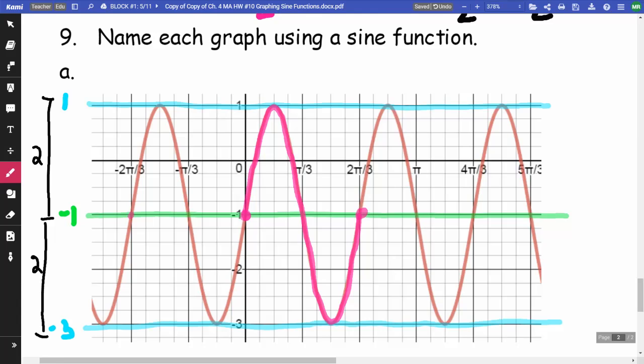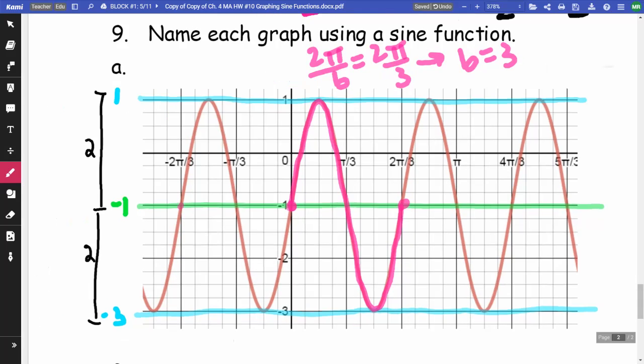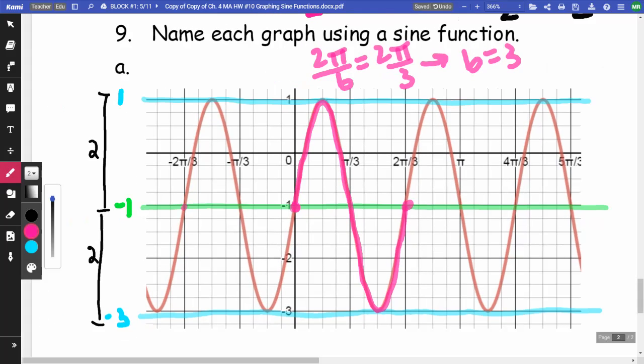I know I'm going from 0 to 2 pi thirds, so I know my period is 2 pi thirds. So I know period is 2 pi over b, and that is equal to 2 pi over 3. So that means my b is 3. I know my b is 3. And this 2 over here, this is going to be my amplitude. My amplitude is going to be 2.